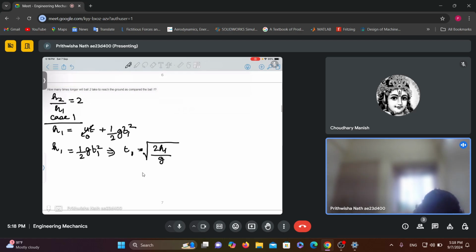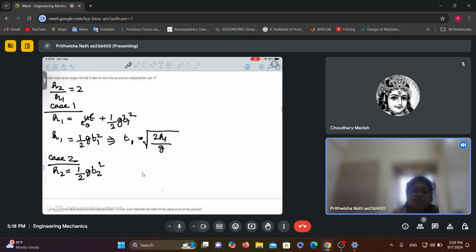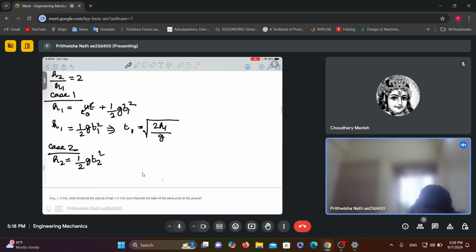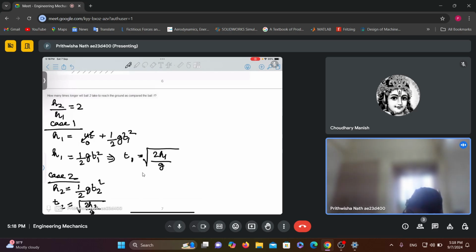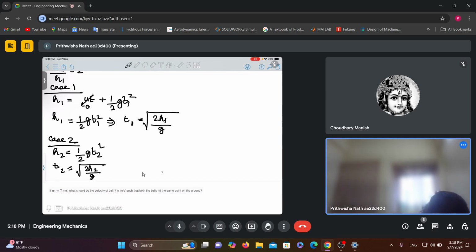And for case 2, similarly, h2 equals half gt square. For this also, the initial velocity in the y direction is 0. So t2 equals under root of 2h2 by g. Therefore, we need to find the ratio, right? So we need to find t2 by t1, that is under root of 2h2 by g divided by under root of 2h1 by g.